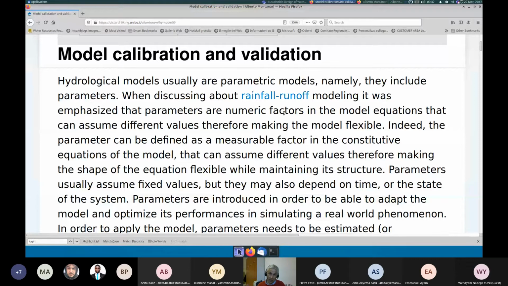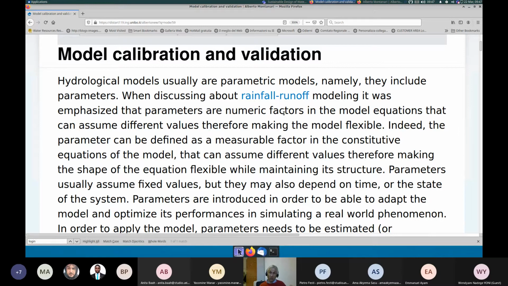This is not a technical terminology. In the technical terminology, I would say model fitting. Model fitting, which means finding the best values for the parameters.